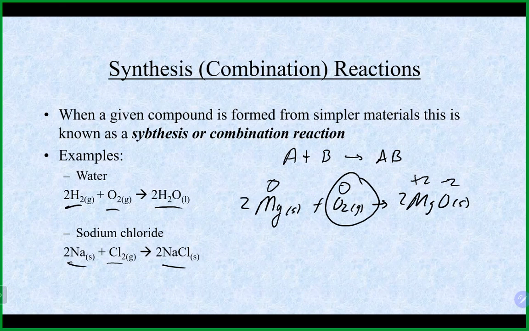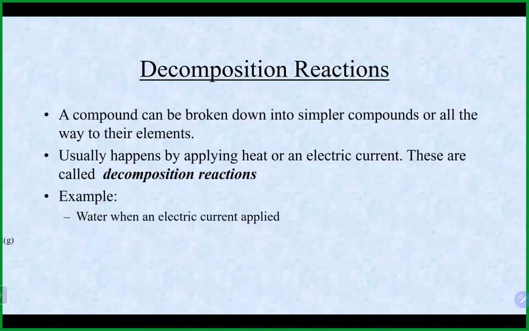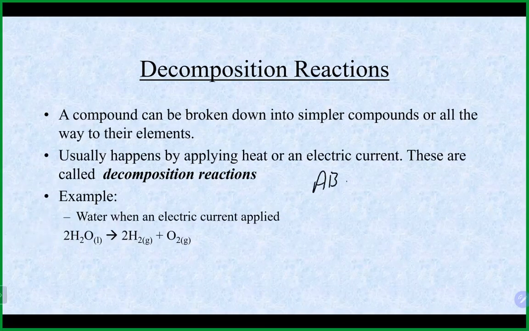The last type of reaction is really the opposite of synthesis or combination, and that's a decomposition reaction. In a decomposition reaction, you basically take one thing and you break it apart into two or more things. So water, like you did the other day with the 9-volt battery, run electrical current through it. You should have seen hydrogen gas and oxygen gas being made. That's a decomposition reaction.